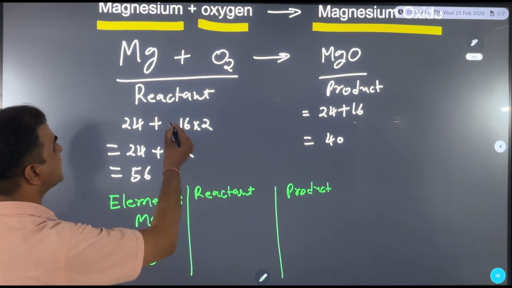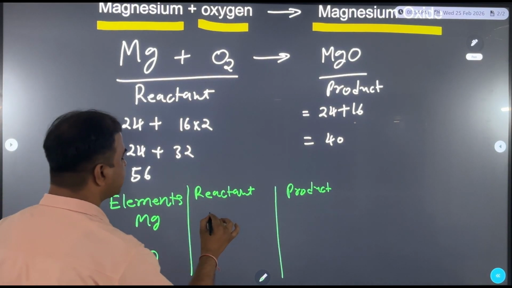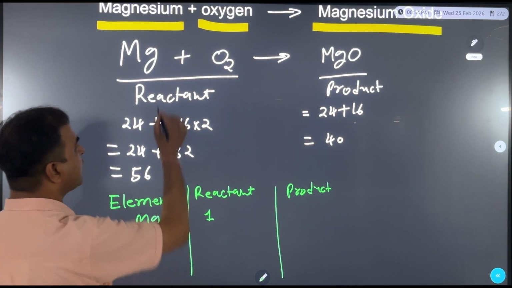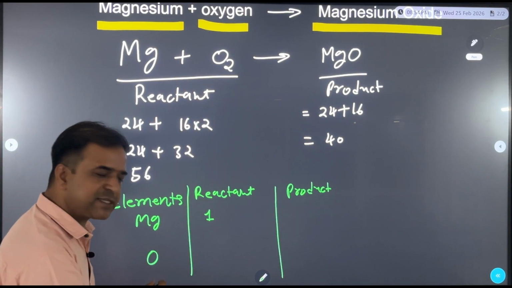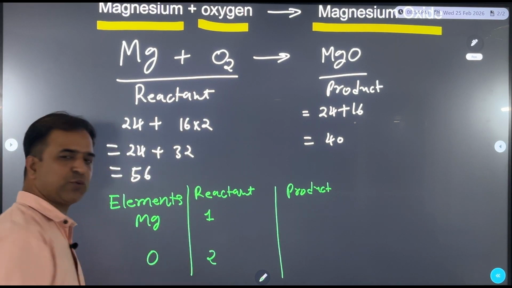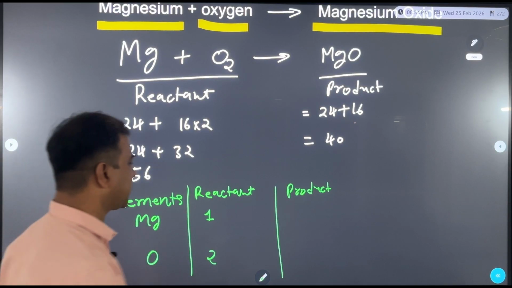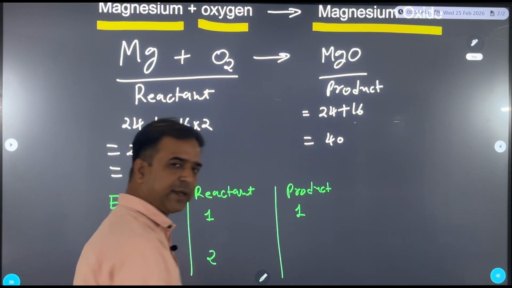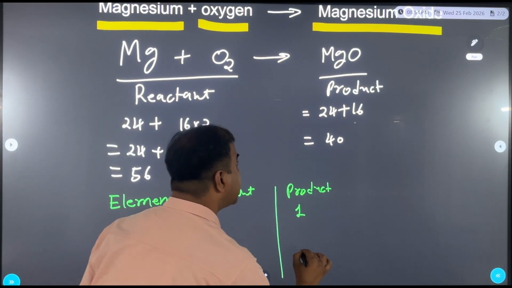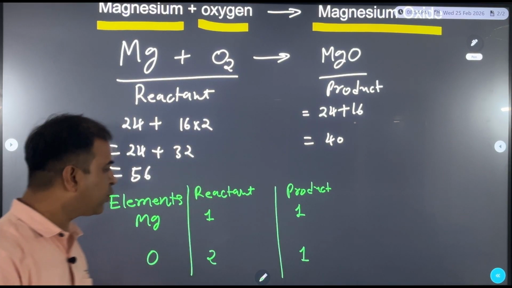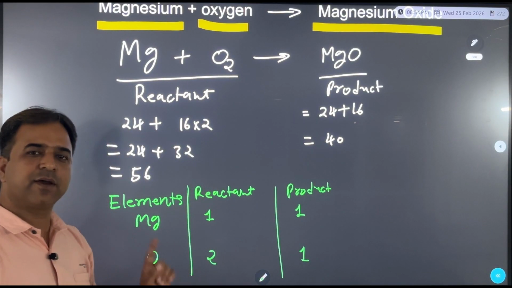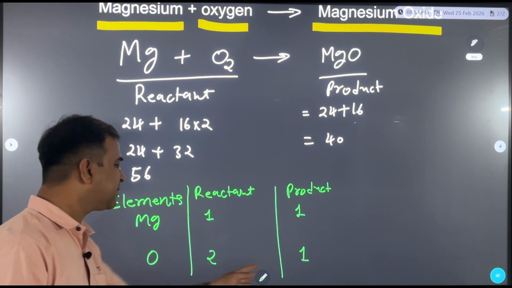So on reactant side, how many magnesium are present? You will say 1. How many oxygen are present? You will say 2. Now check for product side. Magnesium is 1. Oxygen is also 1. So magnesium is balanced. What is not balanced over here is oxygen.